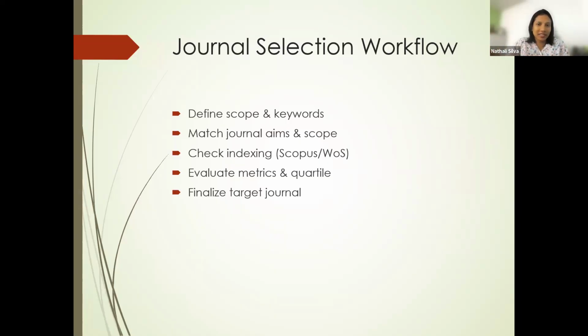Now, nowadays, we can also use ChatGPT and other AI tools as well. What we can do is state the broad idea of the study and then get some recommendations from the AI tools. So that is one way.